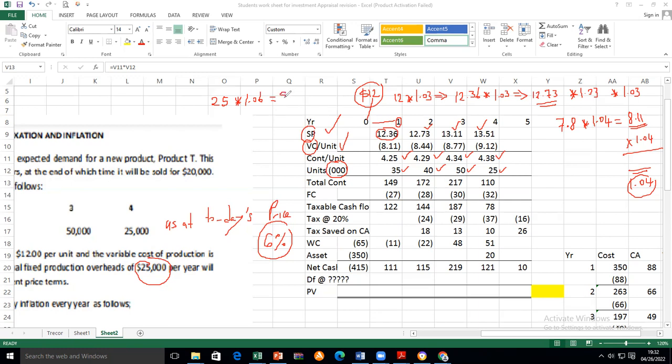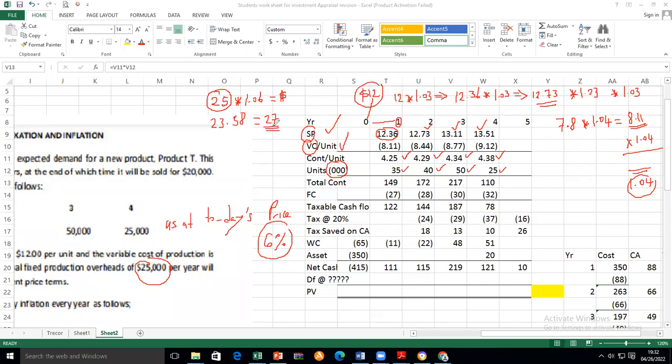What do we get? No, we actually get 27. This is 25, you're multiplying by 1.06. It's 26.5, rounding off to 27.